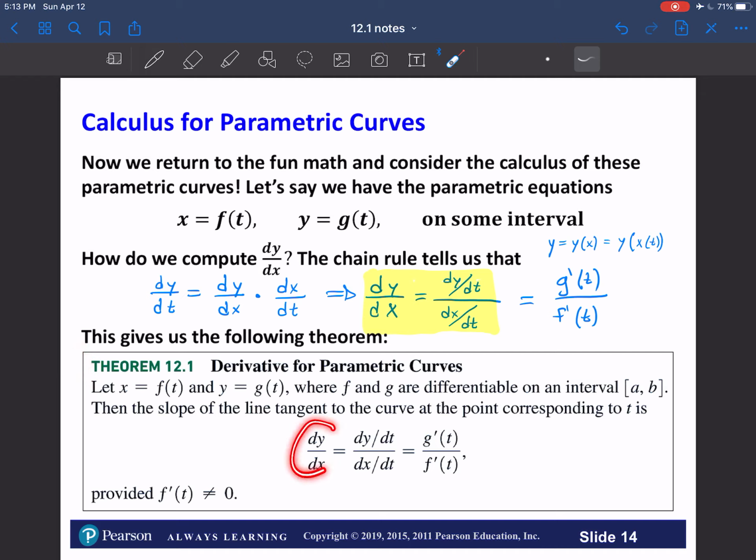The derivative dy by dx, which gives the slope at any given point, can be calculated using parametric equations as g prime of t over f prime of t, provided that f prime of t is not equal to 0. So this is our first foray into calculus in parametric curves, and we're just calculating the slope of our curve at a given point.